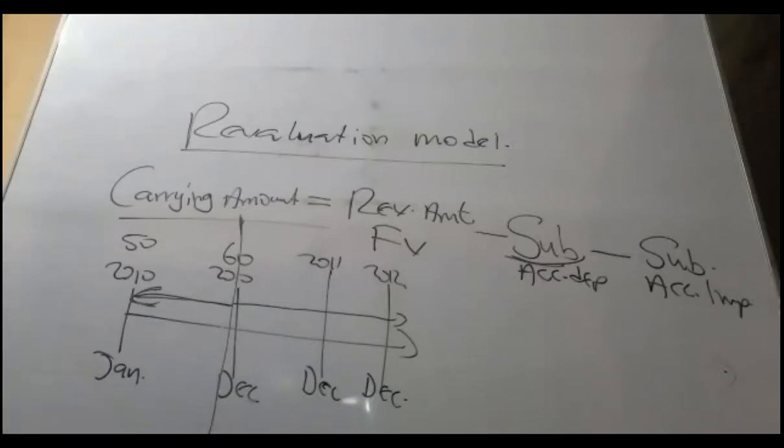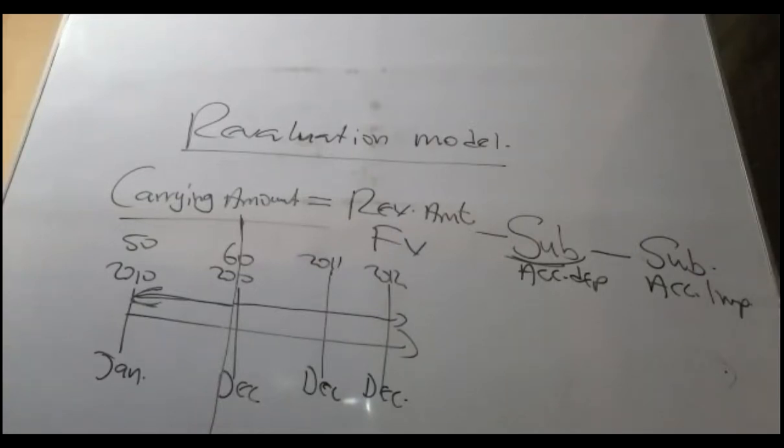Good. We look at some few rules. There are three rules, or three conditions that need to be satisfied, if you adopt the revaluation model. Condition number one, the valuation must be performed by a qualified independent valuer. The accountant cannot do that.